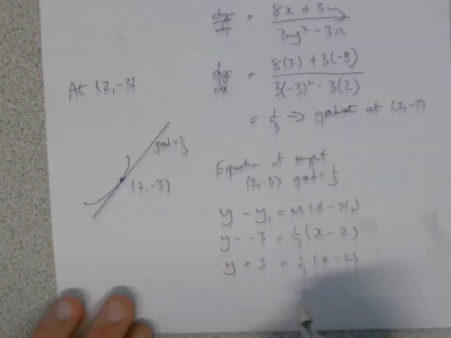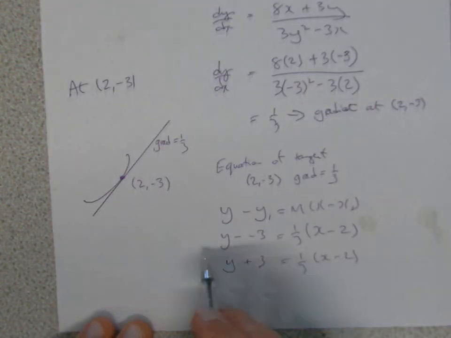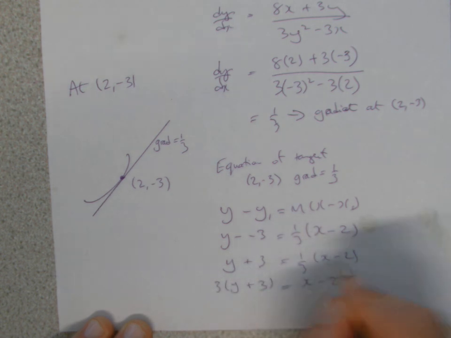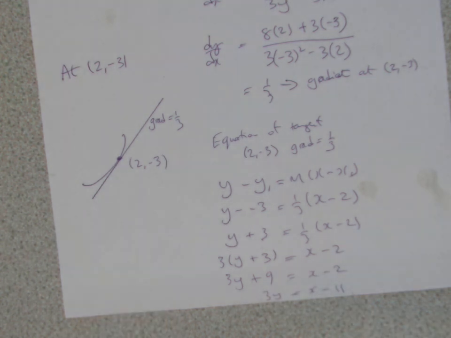When you've got a fraction here, what I would do is take the 3 up, multiply that side, and then you're just left with x minus 2 here, times by the 1. And then you've got 3y plus 9, multiply out, equals x minus 2, which implies then 3y equals x minus 11. Okay, and that's the answer. Job done.